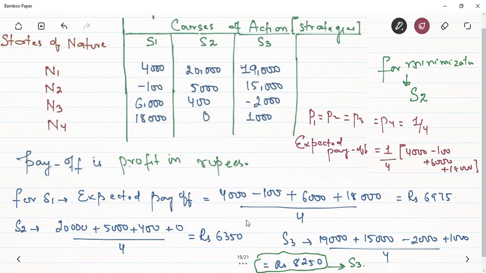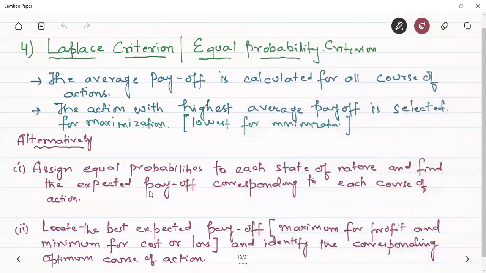We are arriving at the same value which we had already seen here. So this is equal to rupees 6975. In most books the statements are written like this, but it indirectly means that we are calculating the average payoffs. So this is the 4th criteria.